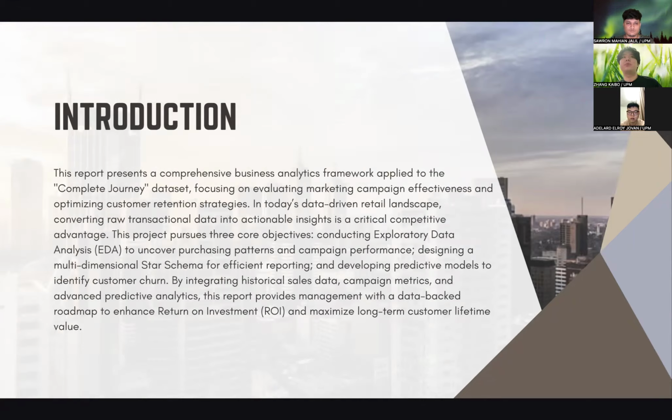Second is to build a star schema to make reporting easier, and use a predictive model to find customers who might stop buying. By doing this, we want to help the business make better decisions, improve ROI, and keep customers longer.